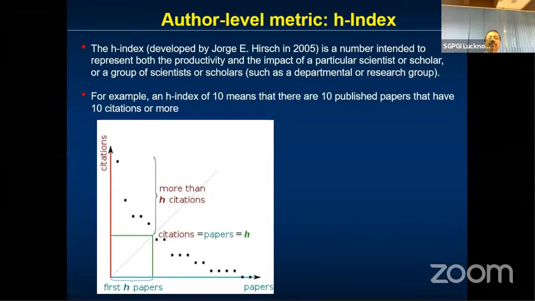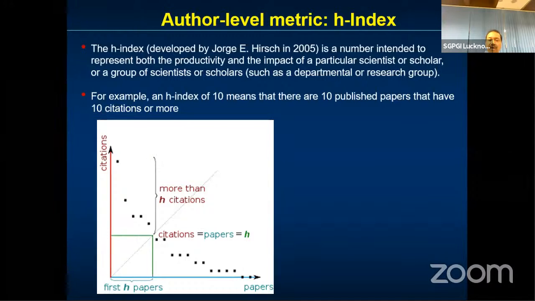H-index is intended to represent both the productivity and impact of a particular scientist. So it says how much you are producing and what your impact is. Impact is based on citations, and productivity is based on the number of papers published. So based on the number of papers published and based on citations, the product of these two is H-index.